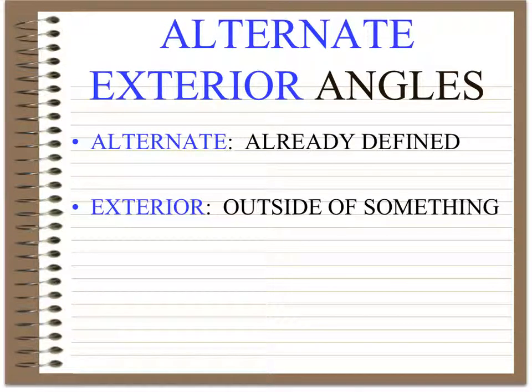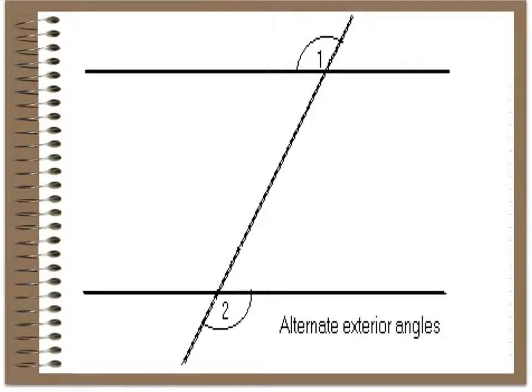Alternate exteriors: alternate, we already know what that is. We're going across the transversal. Exterior meaning we're outside of this, and this is the outside of the parallel lines. So again, this is kind of what they look like. So you have angle 1 on this side, we go across and get angle 2, and they're outside of the parallel lines. So they're not inside here, they're more outside at this point.